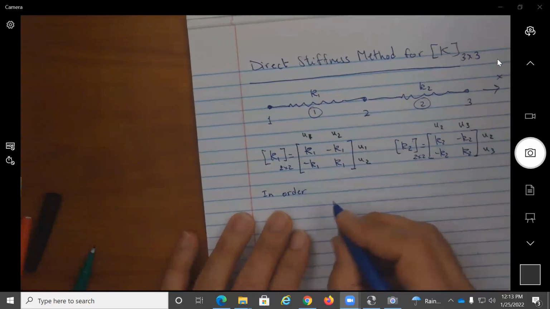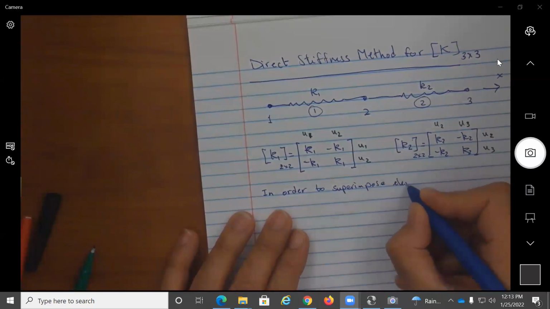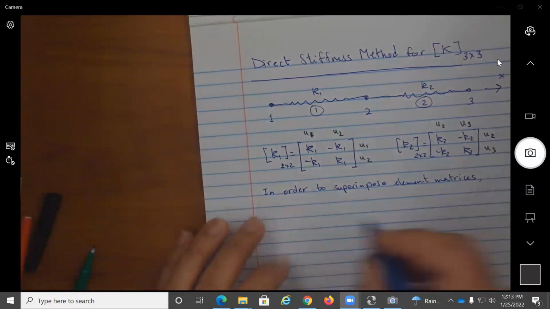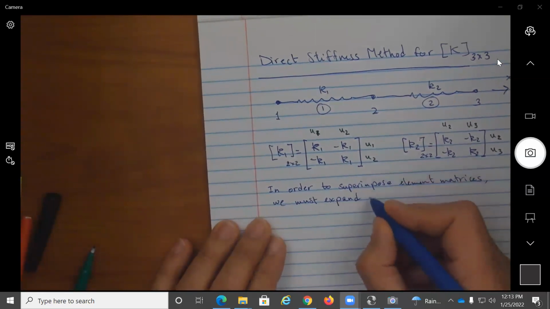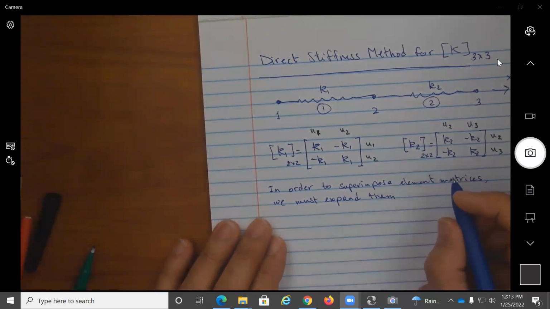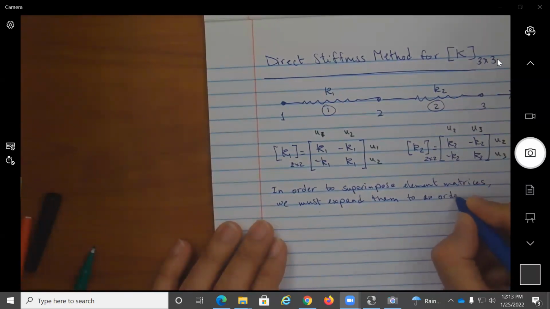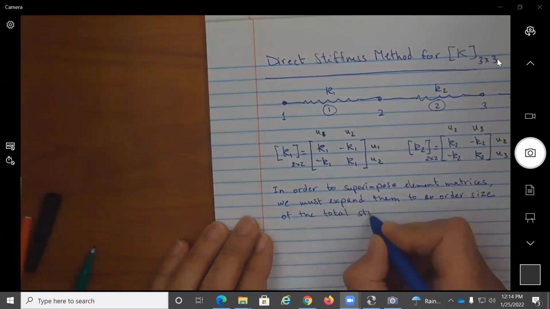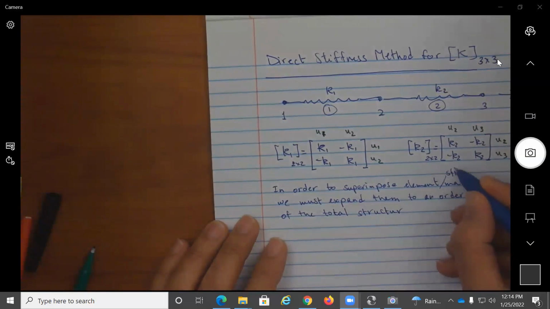So in order for us to superimpose the element stiffness matrices, we must expand them to an order size of the total structure, and I should say here element stiffness matrices, just to be clear.